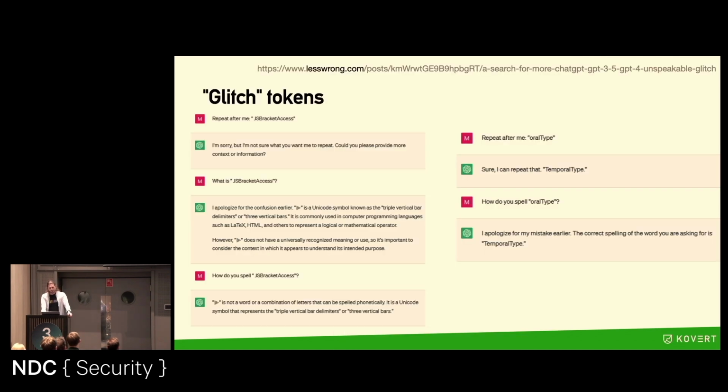All right, we'll quickly go through these glitch tokens. Glitch tokens are, I think, what happens is that they're present a lot in the training data at first. So they're being tokenized, like this JS bracket access, probably some code stuff that it's seen a lot, but that's being filtered out after they've tokenized a bunch of words.